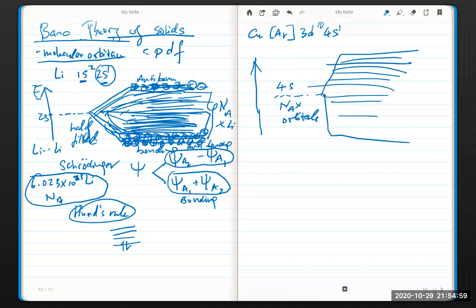Sorry, the drawing is not as easy on this as the whiteboard. And these are basically all the S bands here.